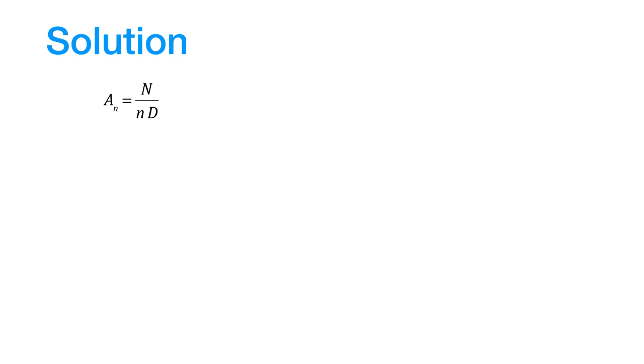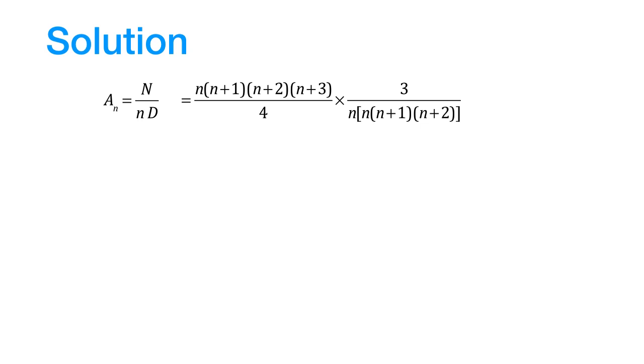We have already found out the closed form of N in the numerator and also the closed form of D in the denominator. So we can plug in here and find that a_n is equal to this expression. Over here, on cancelling the factors, we find that a_n simplifies to 3 by 4 times (n plus 3) divided by n.